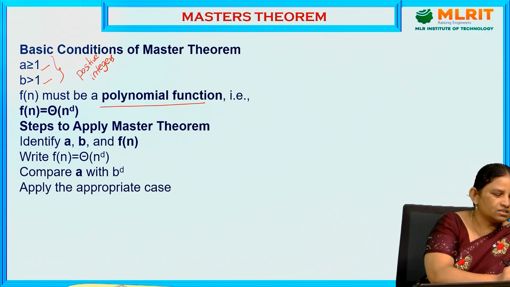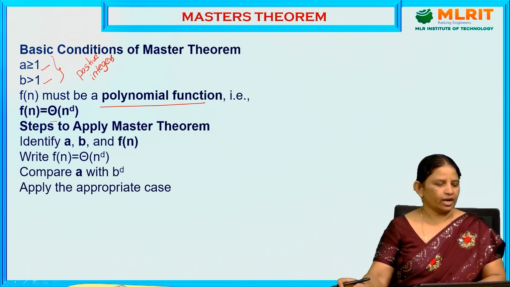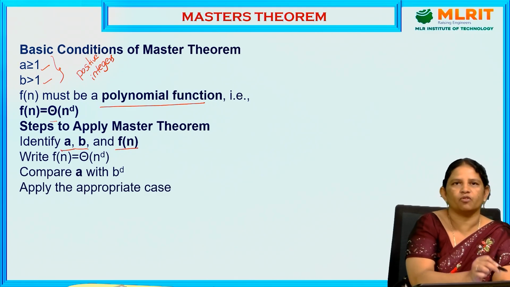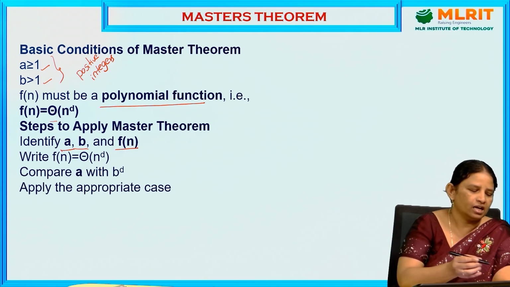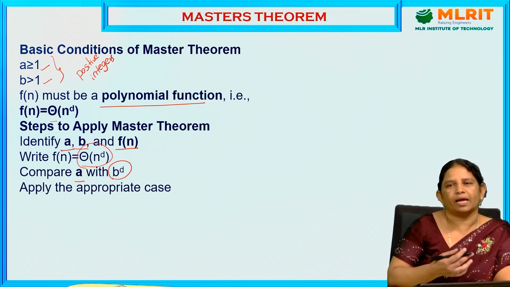The first one is f of n equals theta of n power d, where d is a power. We need to identify the value of a, the value of b, and f of n. Once we find those values, we substitute them and compare a with b power d, and apply the appropriate case.